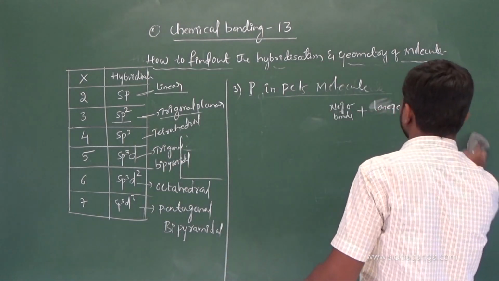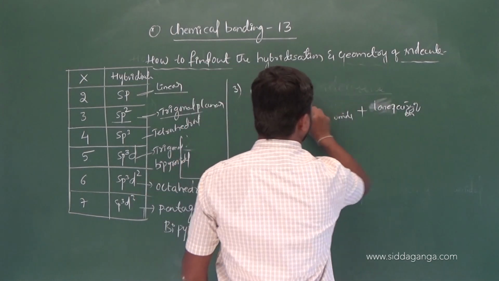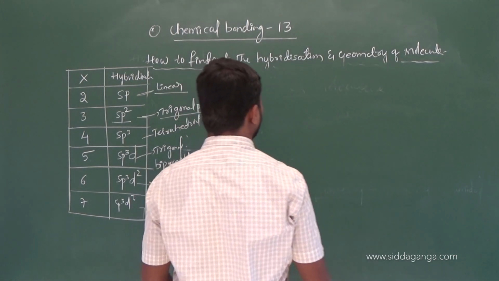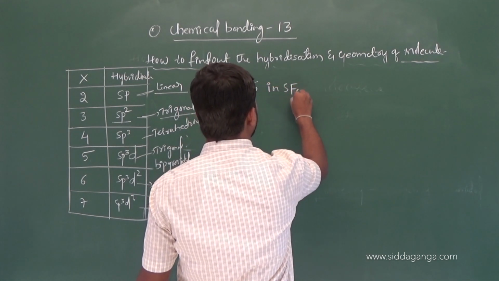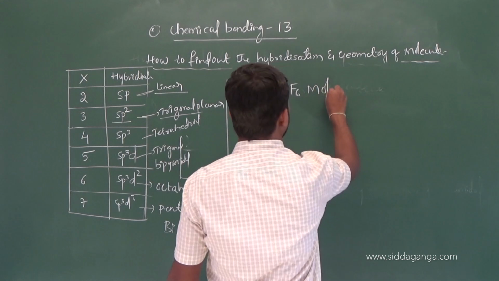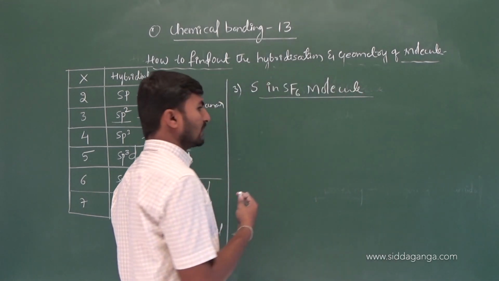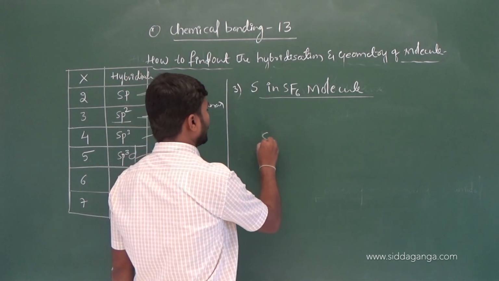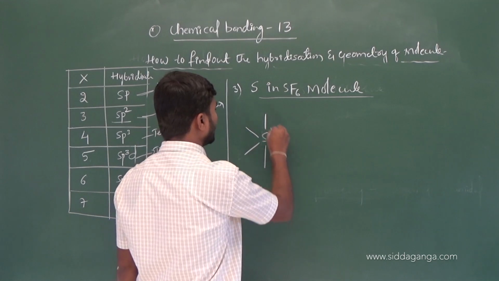that is sulfur in the SF6 molecule. Okay, what is the structure of the SF6 molecule? We know that it exhibits octahedral geometry.